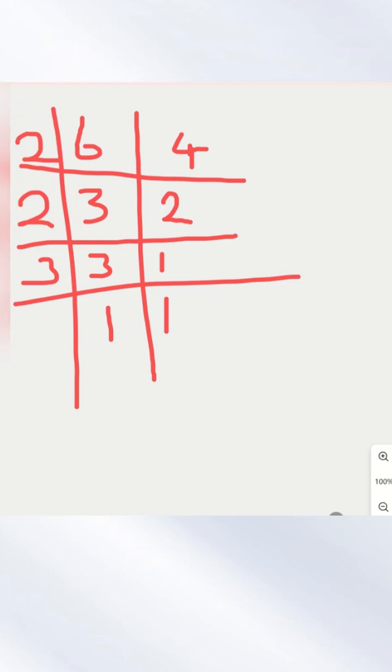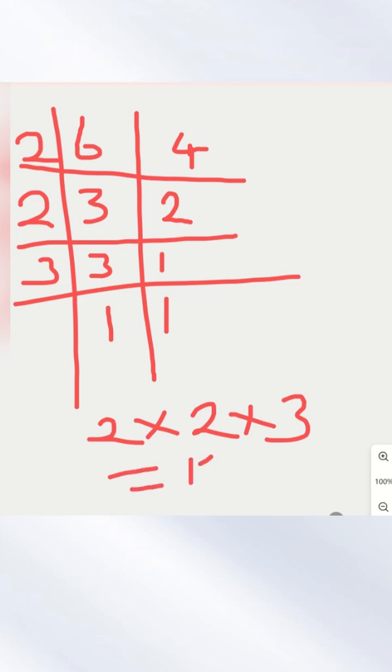The factors are 2 times 2 times 3. 2 times 2 is 4, 4 times 3 is 12. So LCM of 6 and 4 will still be 12. Either way you use, you'll still get the LCM, either you use the listing method or you use prime factorization.